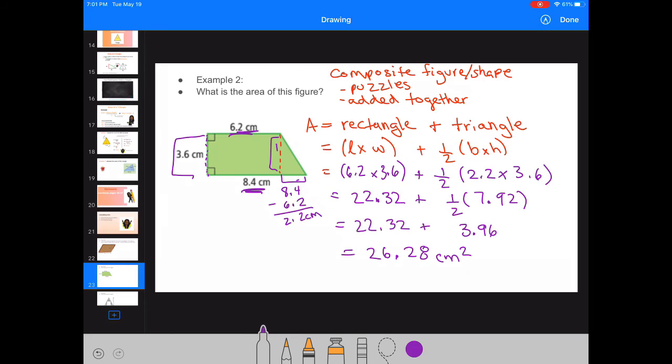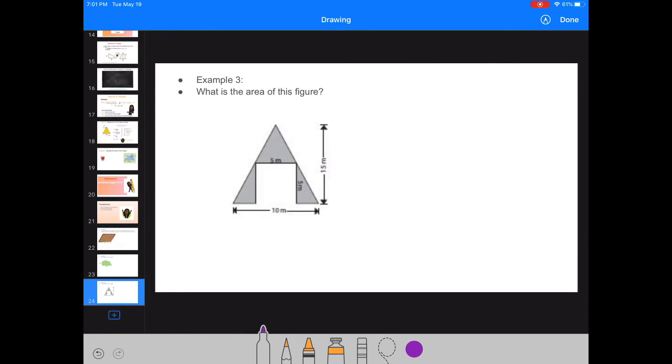All right, let's look at the next one. A little more complicated. Now, we have to find the area of the shaded area of this figure. So this whole thing is a triangle for the most part, but it has this cutout. The first thing we need to do is find the triangle area, and then we need to subtract the square's area because we don't need that.